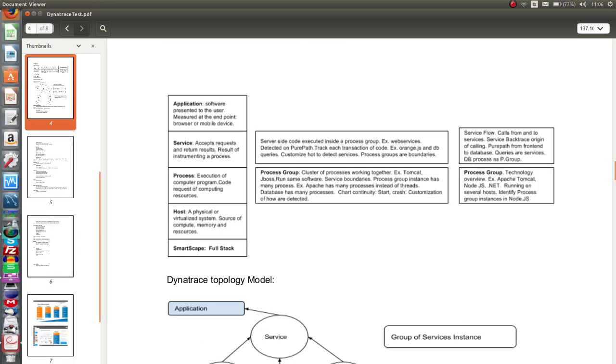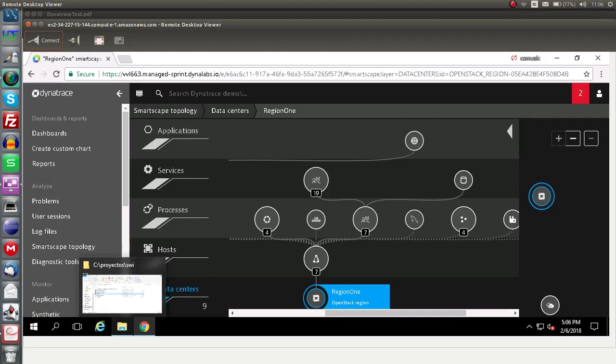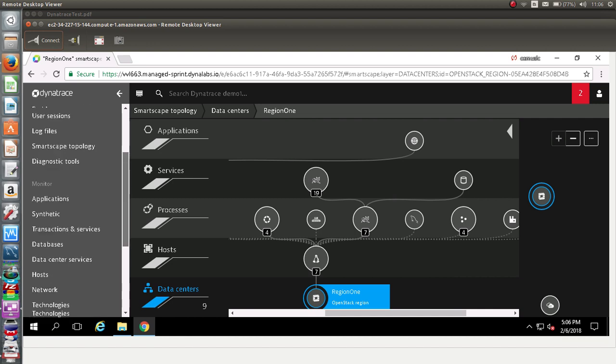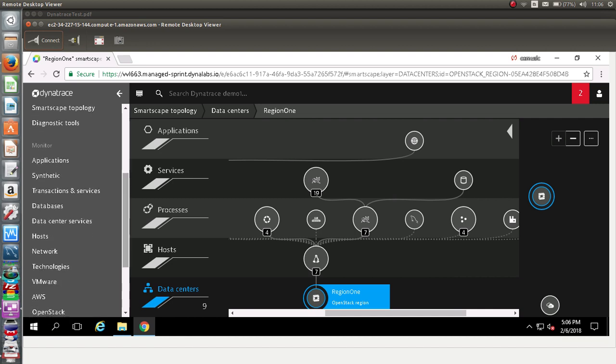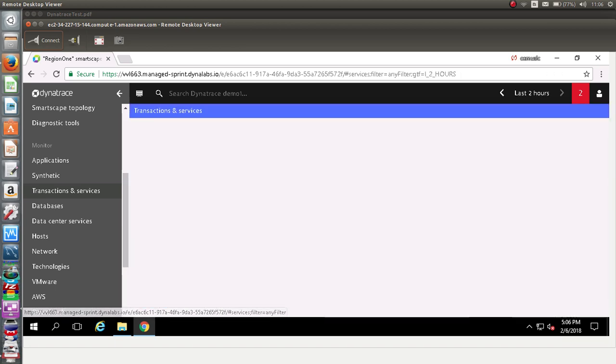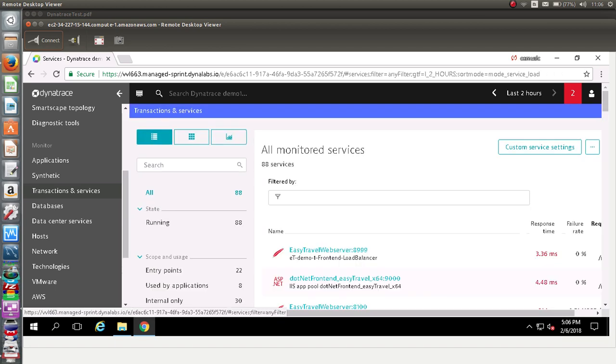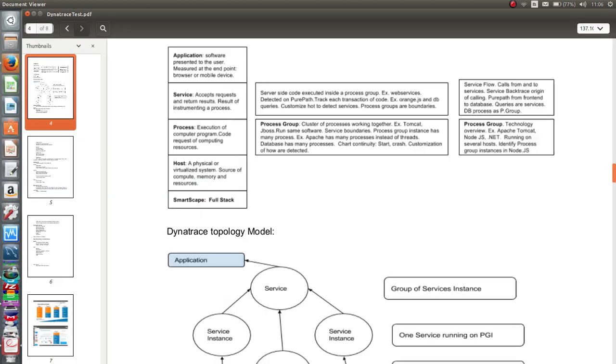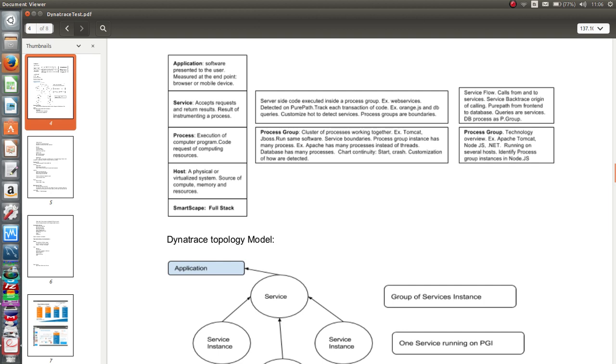Okay, so then we are going to go down, and we are going to start exploring transactions and services. Remember that we are speaking about the top: the services are working for the application, and the services can be monitored using service flow, calls from and to the services, the service backtrace origin, and PurePath.